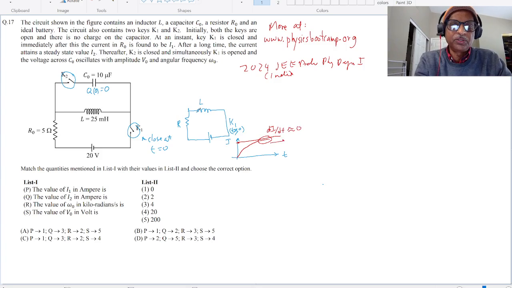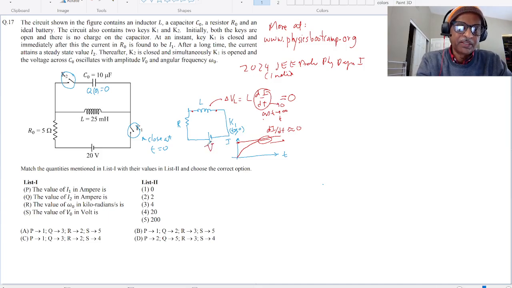When di/dt is 0, the voltage across the inductor, delta VL, which is L di/dt, goes to 0 as t goes to infinity. So the entire voltage V of the battery will fall across the resistor. So delta VR will be the entire V, 20 volt.